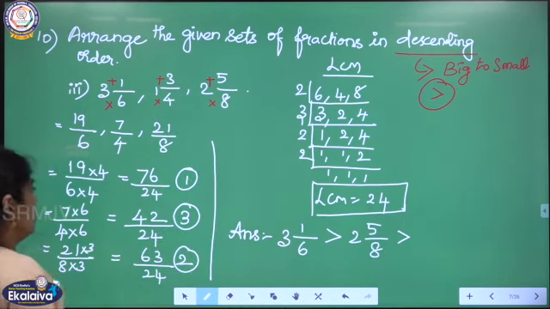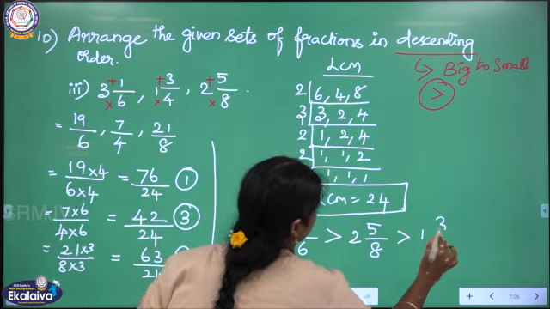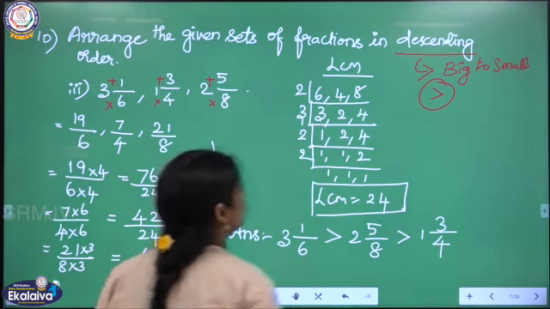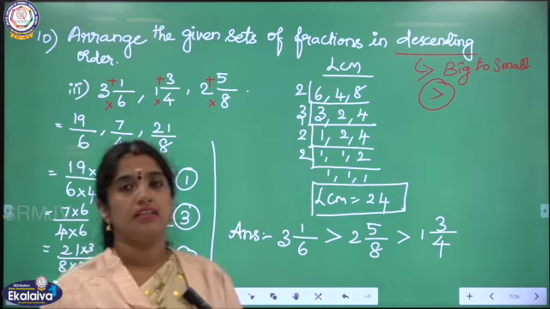Greater than symbol. Next one is the third one, 1 3 by 4. Got it, children? So arrange like this and then you can get the answer. Thank you, children.